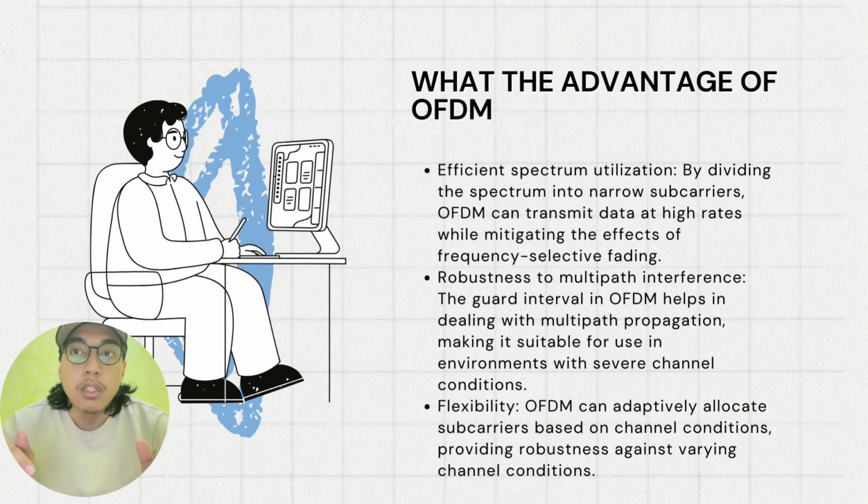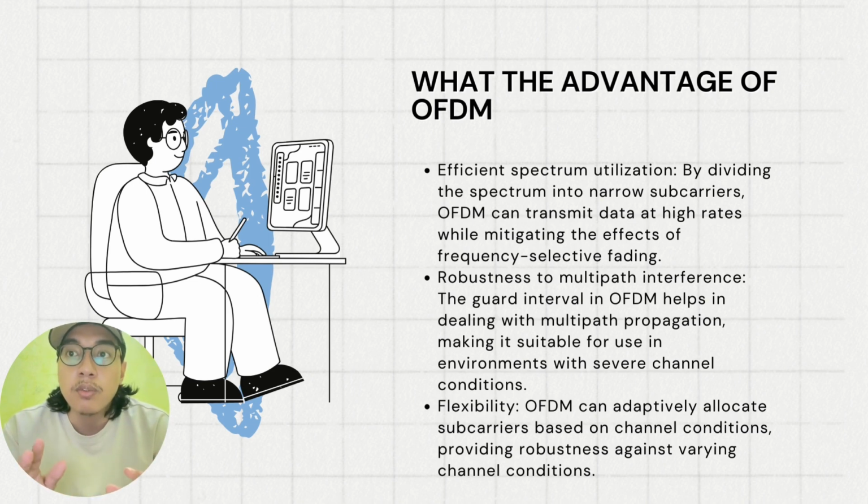For this part, what are the advantages of OFDM? So firstly, efficient spectrum utilization. By dividing the spectrum into narrow subcarriers, OFDM can transmit data at high rates while mitigating the effect of frequency selective fading. The second, robustness to multipath interference.